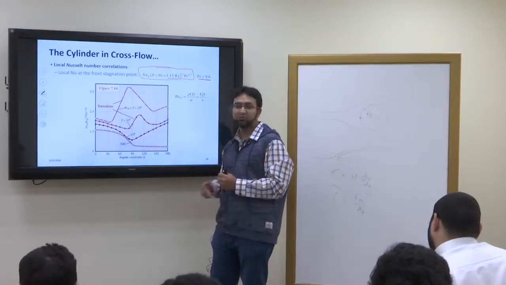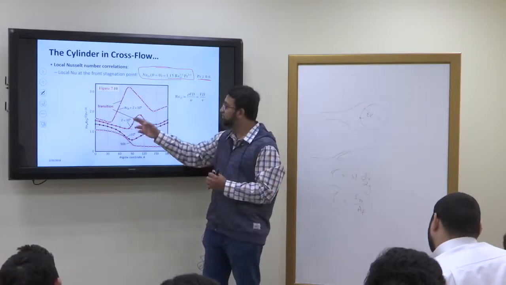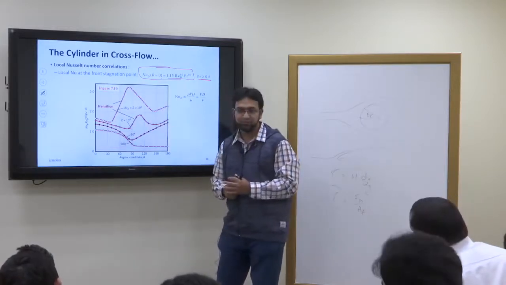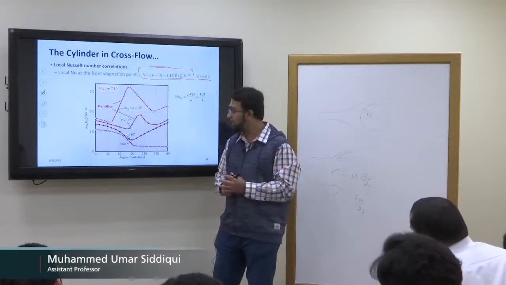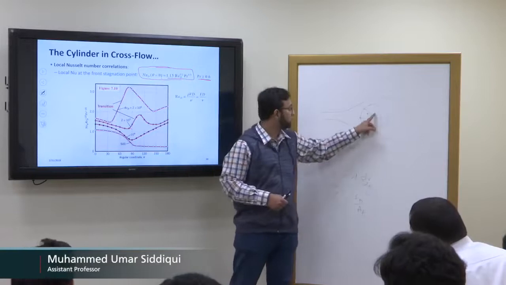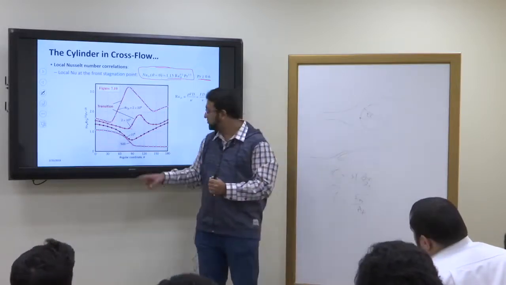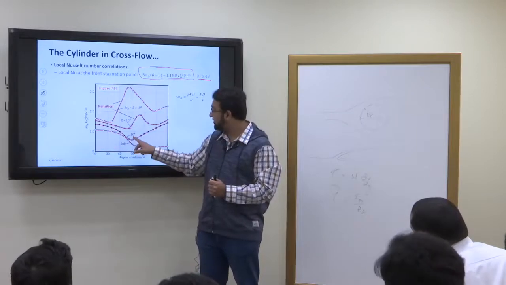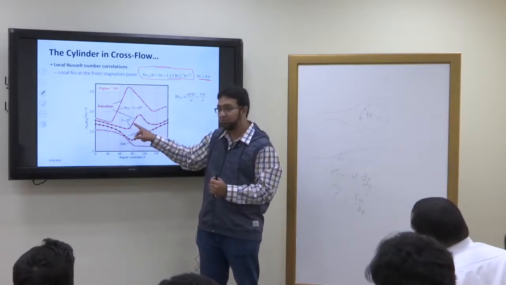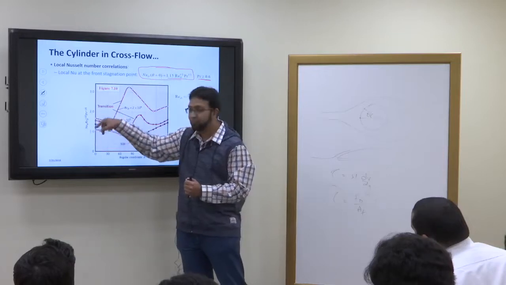Suppose you want to know, at a Reynolds number of 2 into 10 to the power 5, at theta equals 90 degrees, at this point, what is the Nusselt number? So your theta equals 90 degrees, you come to the Reynolds number curve, and corresponding to that you will find this term.